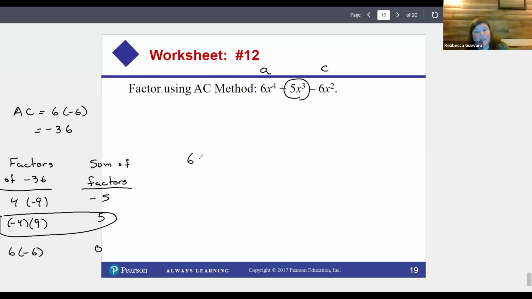So we take 6x to the 4th plus 5x cubed minus 6x squared. I don't know if anybody noticed the extra powers here.